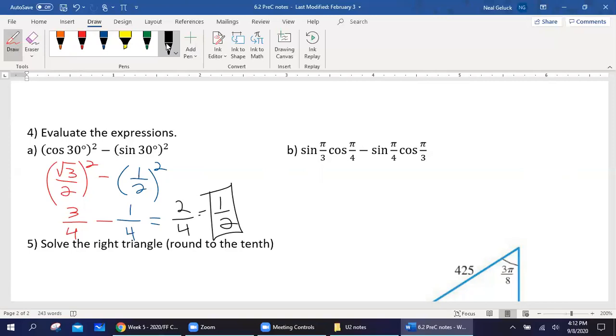Letter B, the angles are in radians, but again, if we look to our table, the sine of pi over 3, that's a 60-degree angle, is root 3 over 2. The cosine of 45, which is pi over 4, is root 2 over 2.